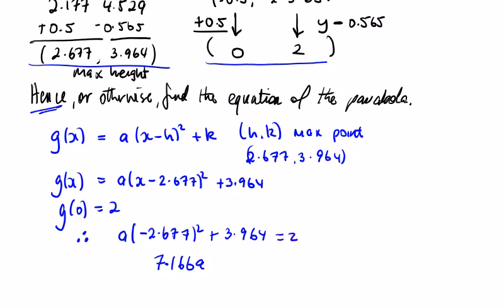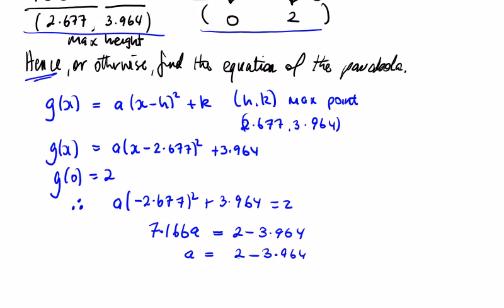So that's plus 3.964 equals 2. So that equals 2 minus 3.964. So A is equal to 2 minus 3.964 divided by 7.166.